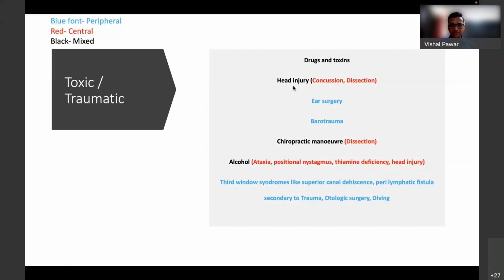I have seen patients with head injury in which the scan is normal, but the patients keep complaining about vertigo and they don't have BPPV. Post-traumatic BPPV is common, but if we rule out BPPV, a very important cause is vestibular migraine, which can start after the head injury. And recently, after the pandemic, I have noticed many patients develop vestibular migraine post-COVID.